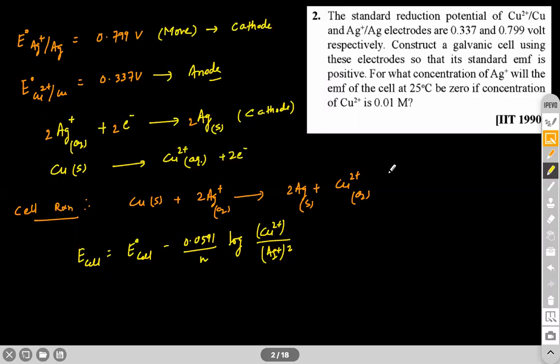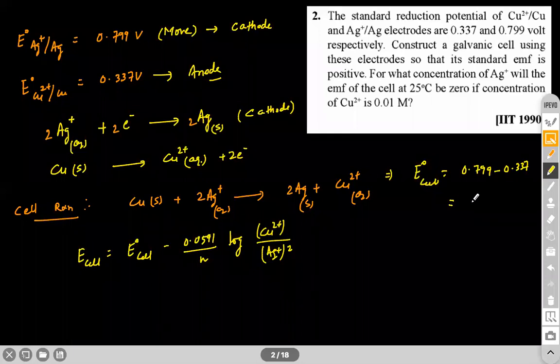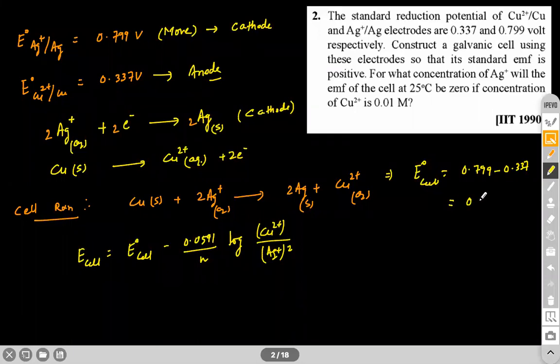First of all, for this cell, E naught cell is equal to E cathode minus E anode. So the cathode is Ag, so 0.799 minus 0.337. Okay, 0.799 minus 0.337. So that would be 0.462 volt. This is the E naught cell.